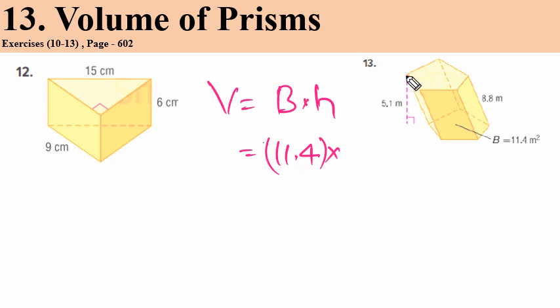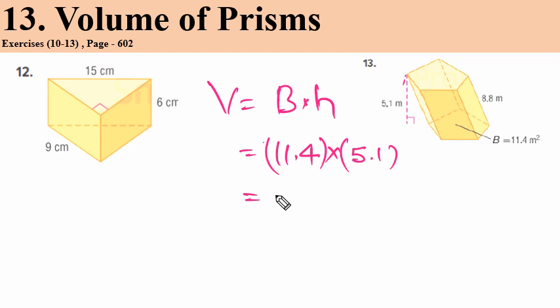so what is the height here? The height is 5.1, right? The height is how much? 5.1. Now the mistake you can make here is to consider this 8.8 as the height, which will be wrong. So the height is 5.1. So that's it. 11.4 is the base area, 5.1 meter is the height, and you just multiply them.